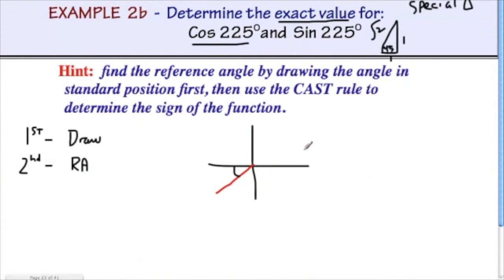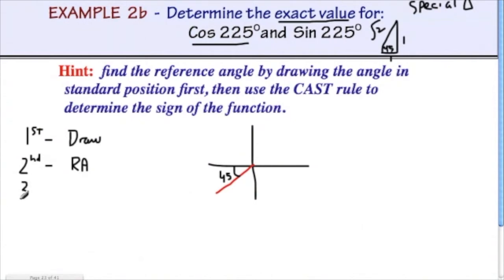We know it from the exercise we did before. This is 225, that's 180, so we subtract, and we get 45. Remember, if you're not getting the 45, the 30 or the 60, something's wrong because it says exact value. Those are the ones we should be getting.